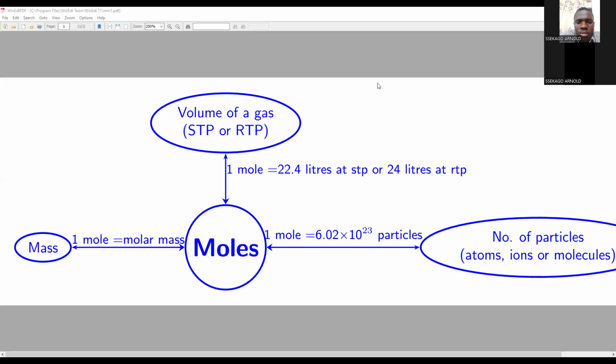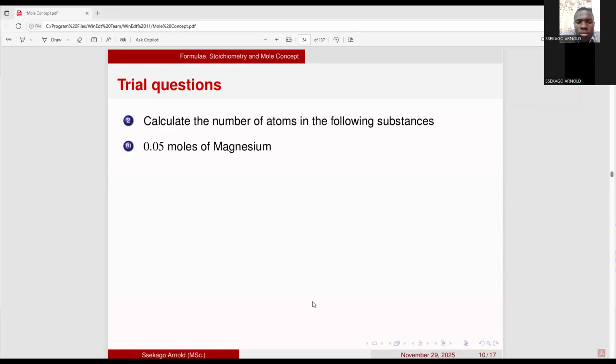Therefore, heading back to my item, the question wanted us to calculate the number of atoms in 0.05 moles of magnesium, and we have seen what to use.